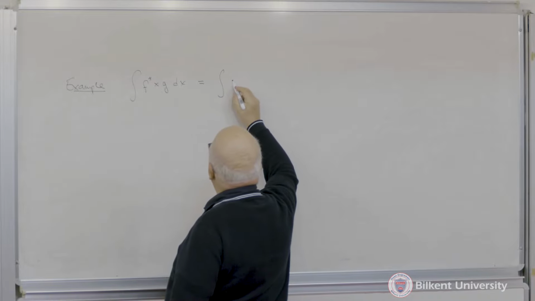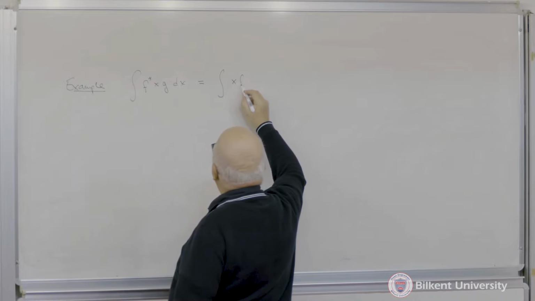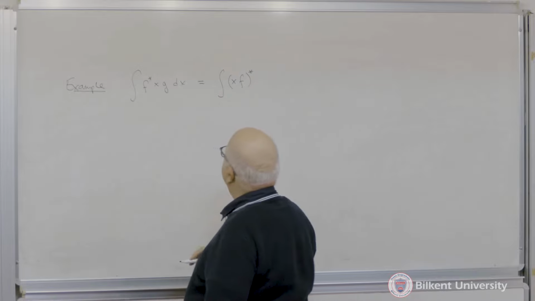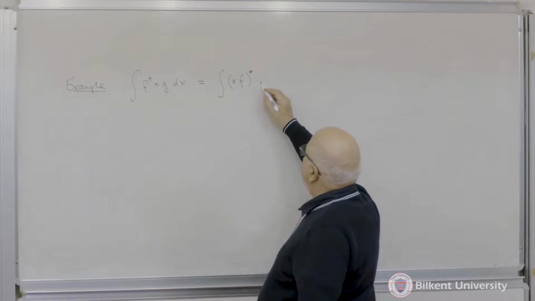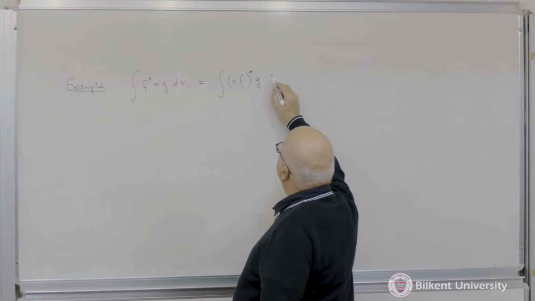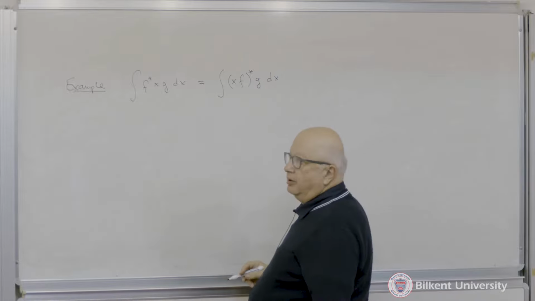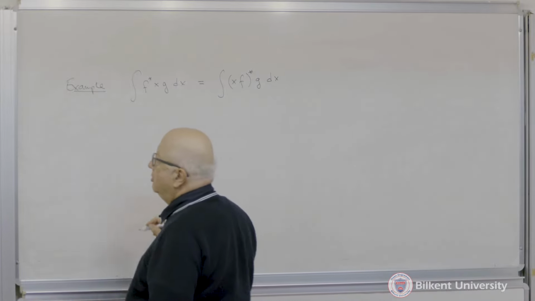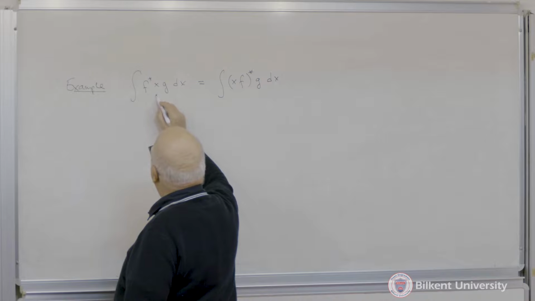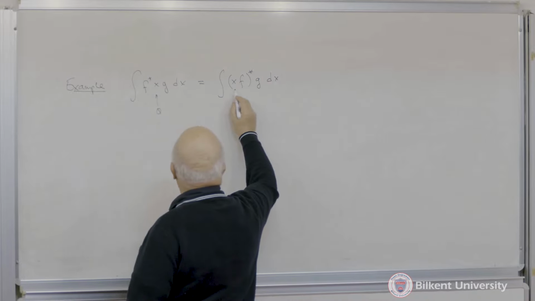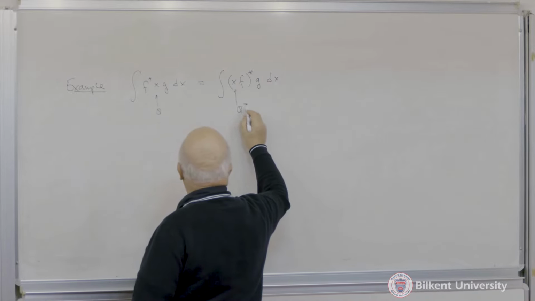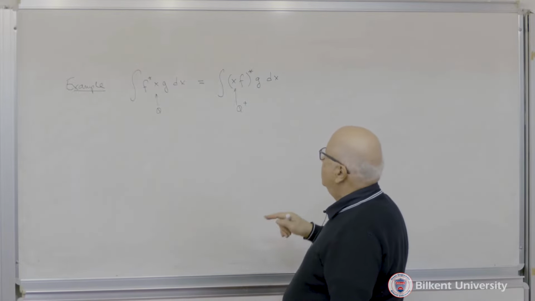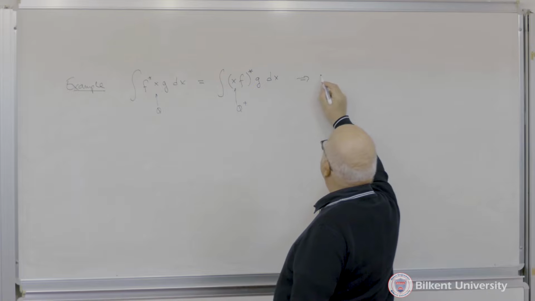So it's going to be x, and it's real, so I can easily take the complex conjugate, times g dx. So if this is Q, this is Q dagger. So in this case, Q and Q dagger are the same. So that means x is Hermitian.